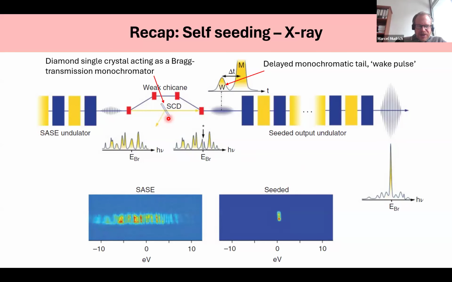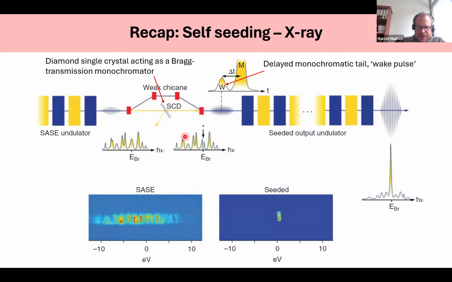But as we figured out, one way is to start with a SASE free electron laser, which produces these spiky spectra, but then clean up the spectrum by this Bragg diffraction single crystal monochromator that transmits only a narrow frequency component to then seed a second undulator, which just acts as an amplifier.